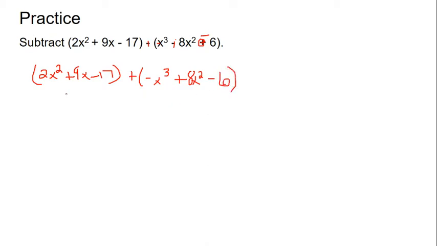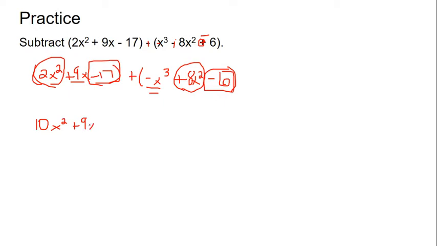Now we just identify our like terms. So we have an x squared term here, we have an x squared term here, we have a constant and a constant. There's no other term like 9x, and there's no other term like x cubed. So now if we just combine them, 2x squared and 8x squared gives us a 10x squared. Then we have our 9x, that's not like anything else.